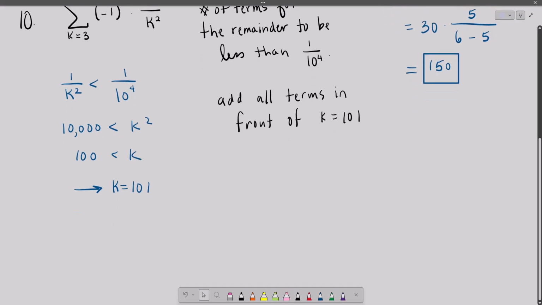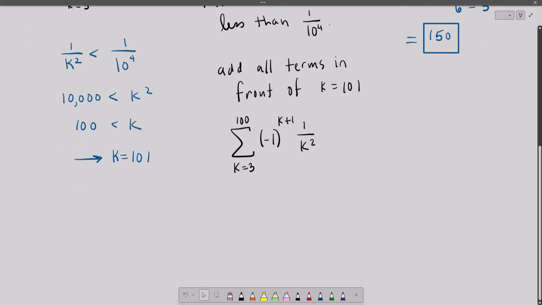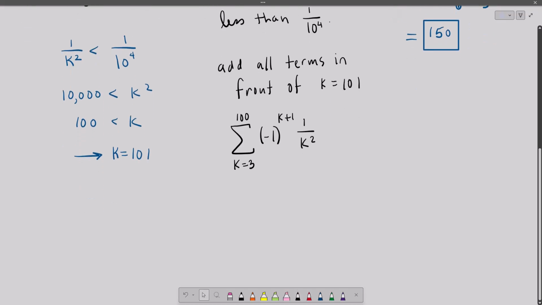In other words, we want to add from k equals 3 up to k equals 100. If we add all this together, we will have an answer that's within 10 to the negative 4 of the actual sum of the full series.